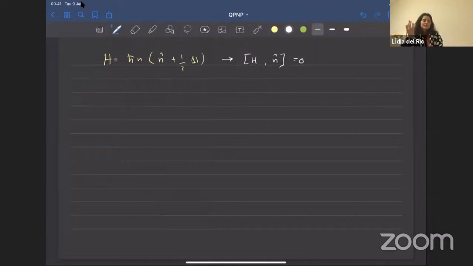And what does this tell us? That the eigenstates of the Hamiltonian are the eigenstates of N. And we know what the eigenstates of N are. We know how to build them. So in particular, they share eigenstates. And what are the eigenvalues? So the eigenstates of the operator are these N states.